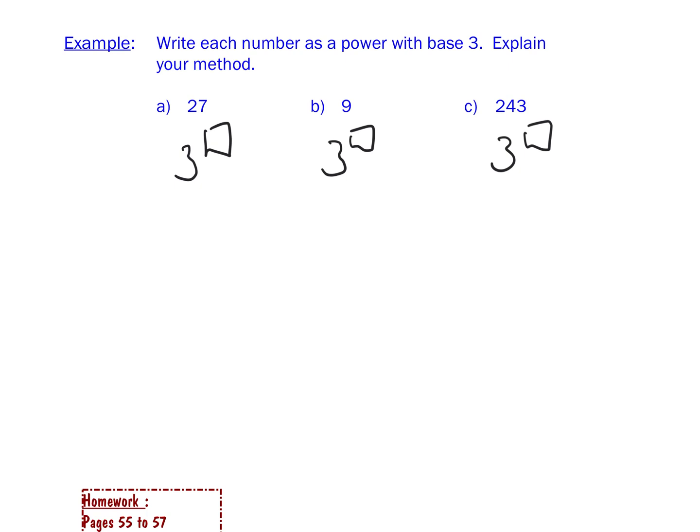Think about it. You have to think of how many times does 3 multiply by itself to get to 27. So 3 times 3 times 3 is 27. How many 3's are there? 1, 2, 3. That's why that's a 3.